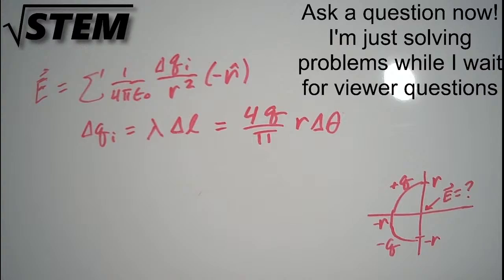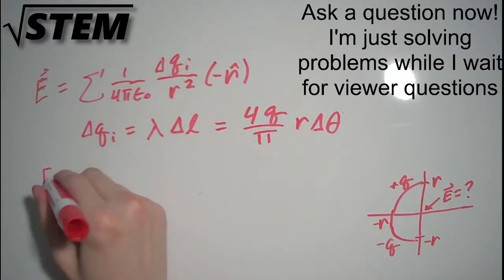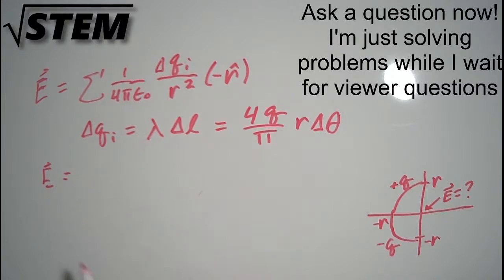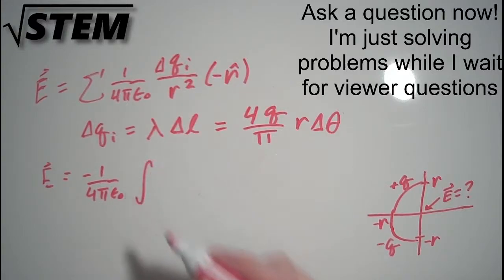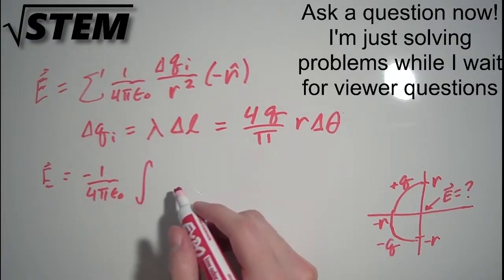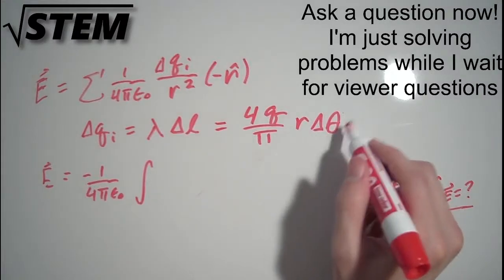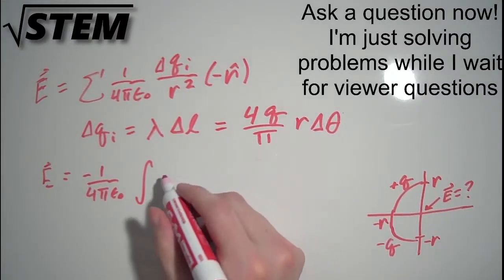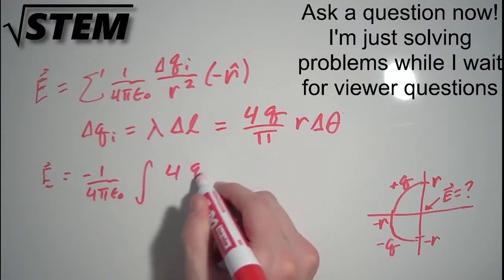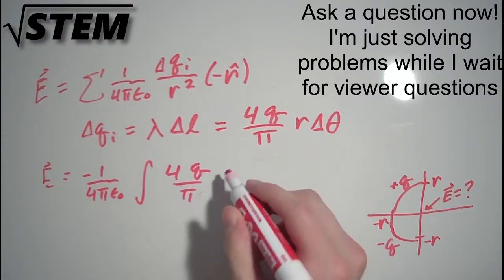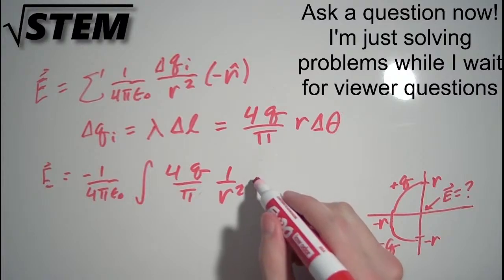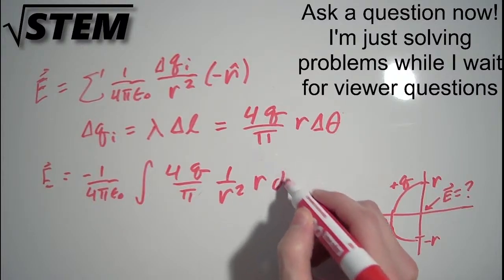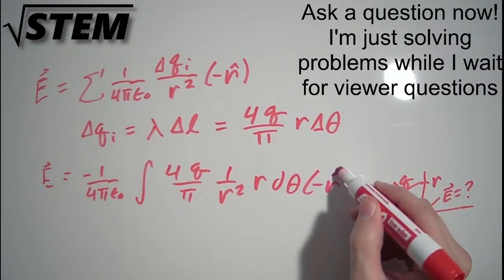So is there going to be any problem if we now just write this as, we'll say negative 1 over 4 pi epsilon naught, the integral of, we'll turn this delta into a d theta, so 4q over pi times 1 over r squared from here times r d theta in the negative r hat direction.